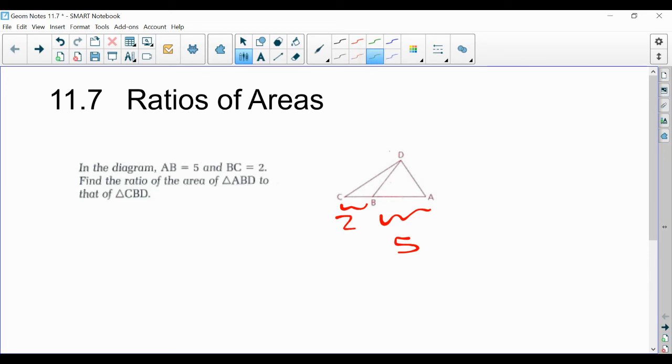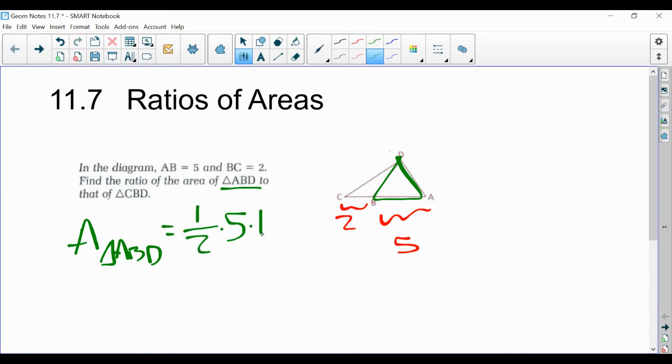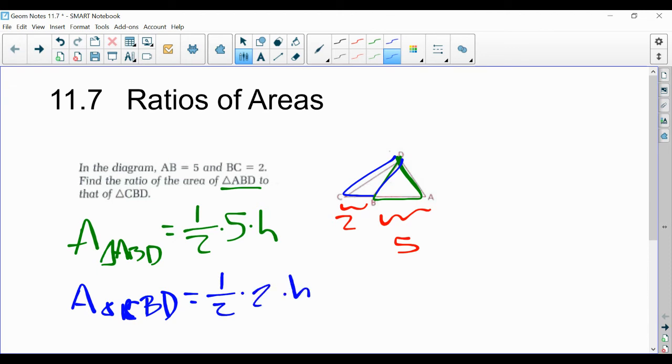So the area of triangle ABD is equal to 1/2 times 5 times that height. And the area of triangle CBD is equal to 1/2 times 2 times the height.